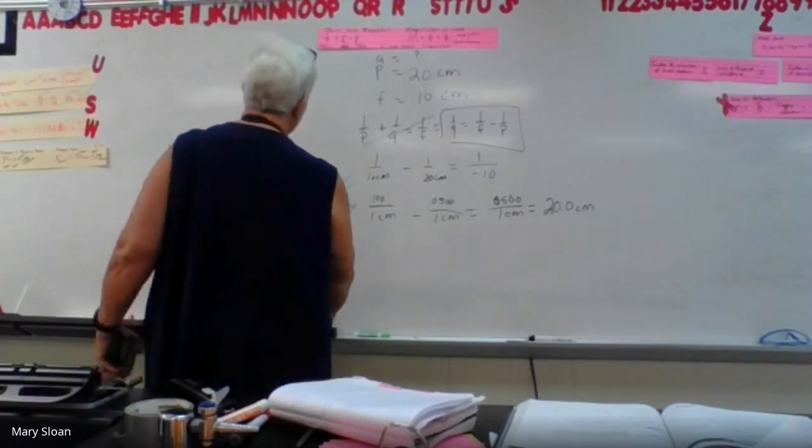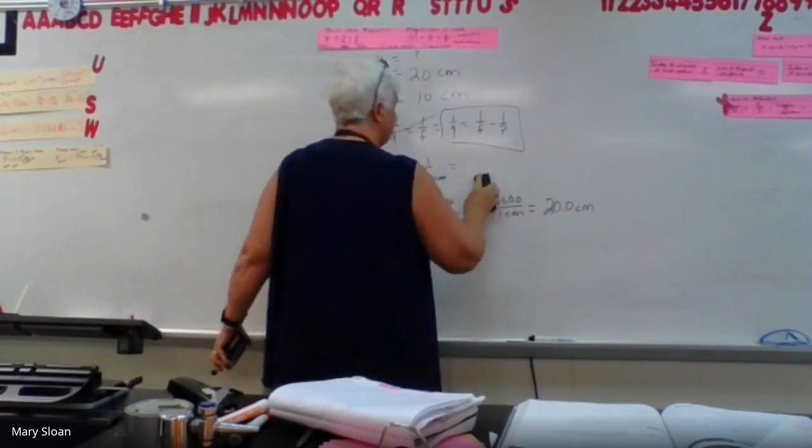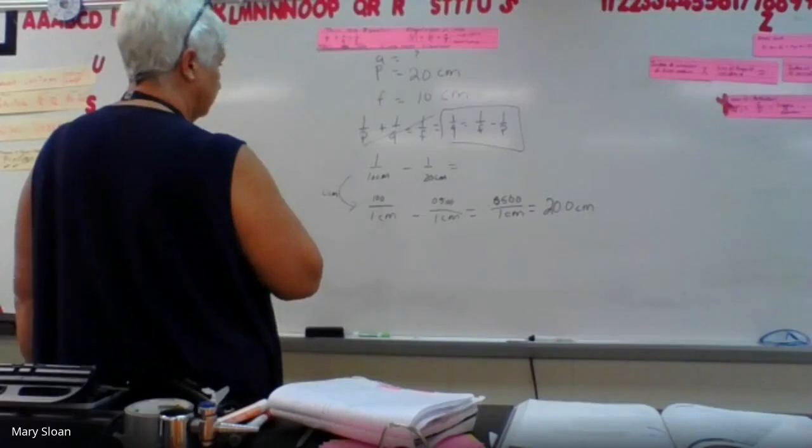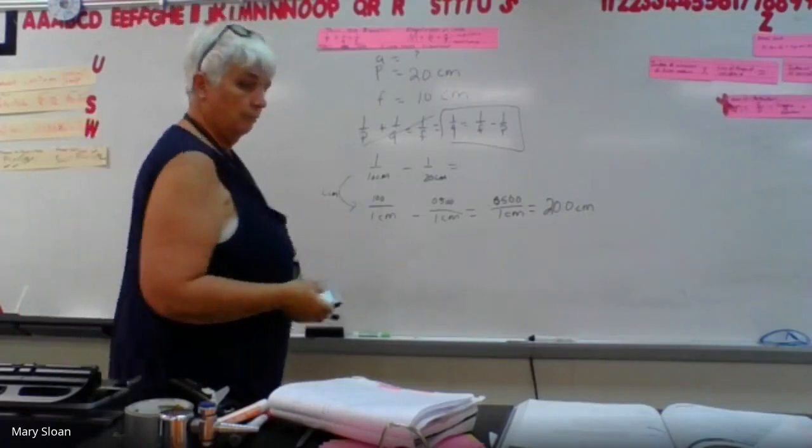Bailey, did you change yours to the least common multiple, or did you do it differently? I did mine the same way you did yours. Okay. Now, am I finished?